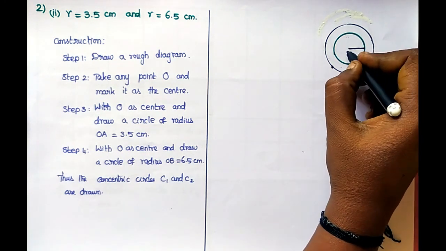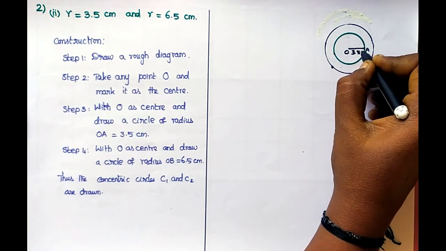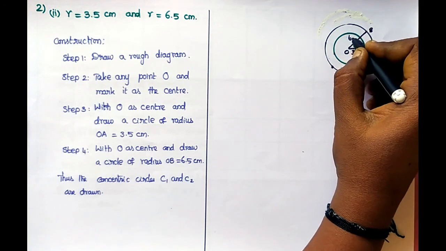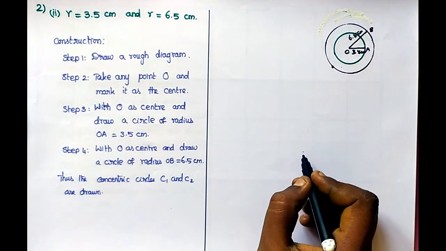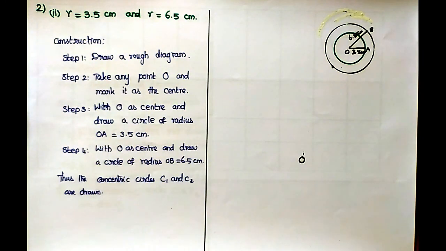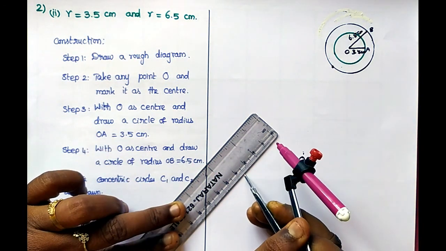Here R1, OA is 3.5 centimeter and OB is 6.5 centimeter. Take any point O. With O as center, what is the first measurement? 3.5.